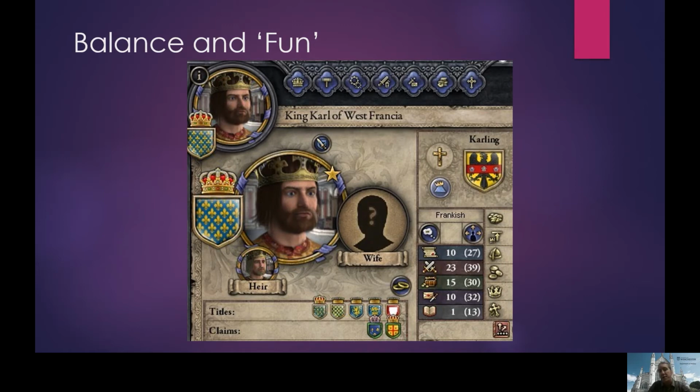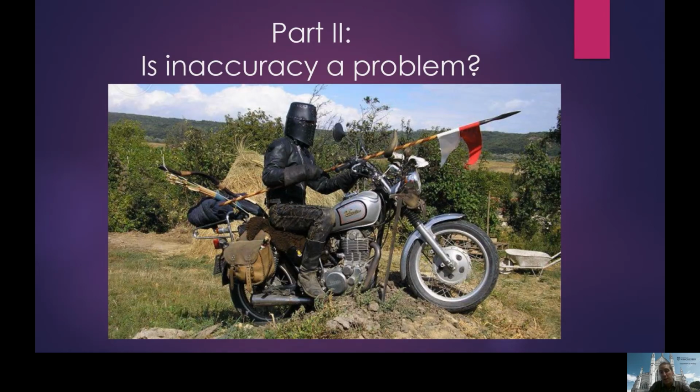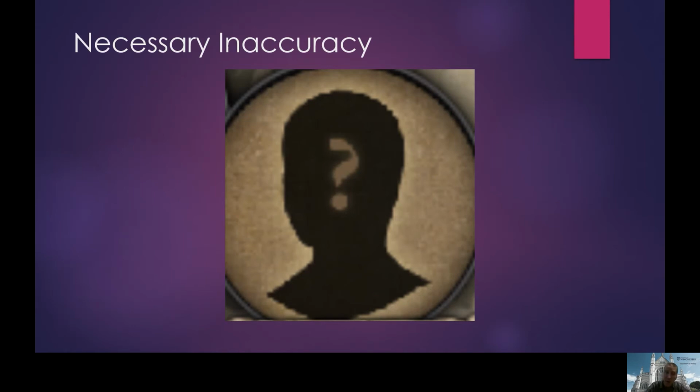So is this inaccuracy a problem when it comes to gameplay? As I've suggested, I don't think that it is. In fact, I'd go so far as to say that these inaccuracies are necessary, because, as I've said, the game relies on this vast database of characters, and the creation of the level of detail necessary for the game to run simply isn't possible using only what we know more or less for certain from the historical sources.